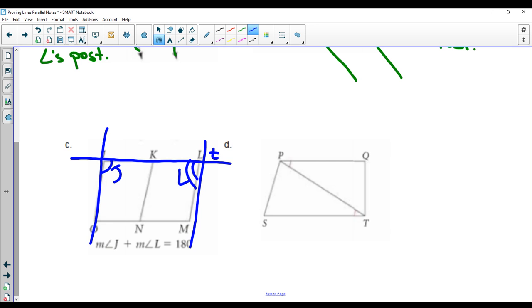So it looks to me like we've got a same side interior situation here. Now I know there's more going on here with this K and N thing. We're not even using that, so just ignore it. Because J and L are adding up to 180 degrees, I think that it's same side interiors. And I remember from earlier that the same side interior angles are supplementary.